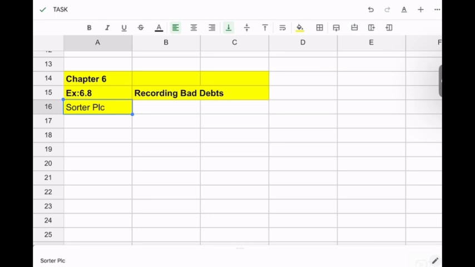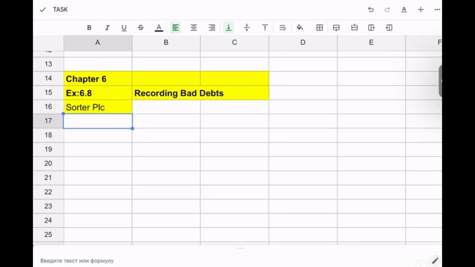Before we record anything, let's remember what the write-off is. When we write off a receivable, we are removing it from our accounts receivable balance. We do this because we know we will not collect the money.